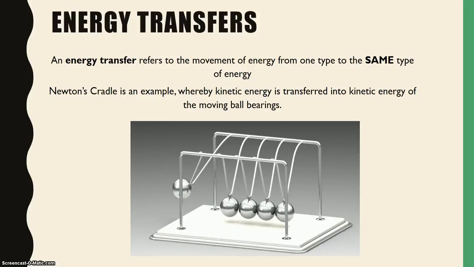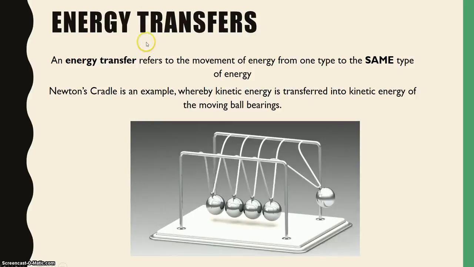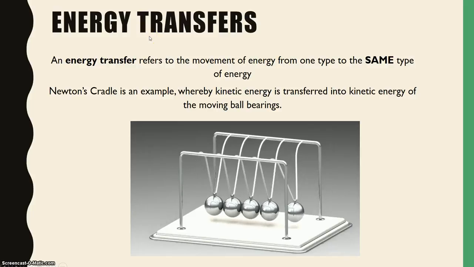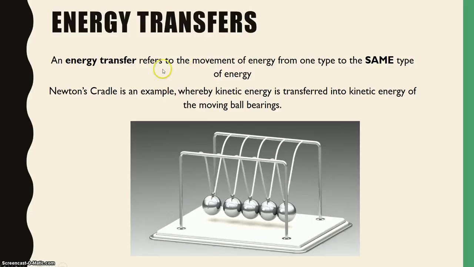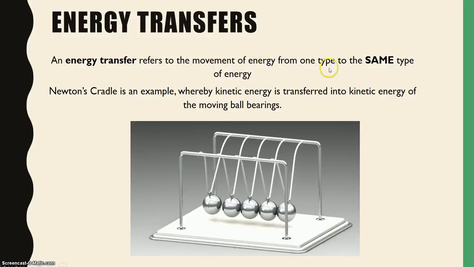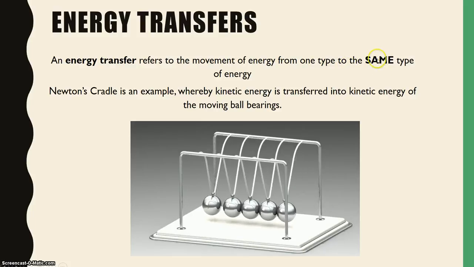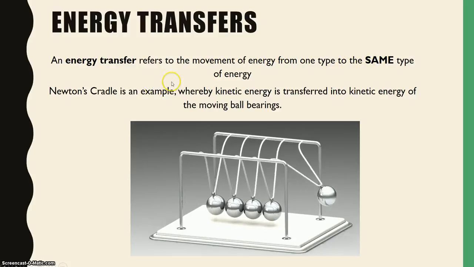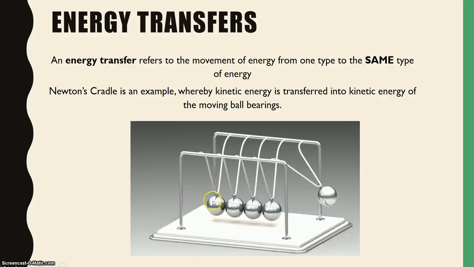So these next two slides, energy transfer and energy transformation, refer to two key terms that you need to have an understanding of. An energy transfer is when you have the movement of energy from one type of energy to the same type of energy. For example, this is a picture of Newton's cradle. The ball bearings are moving, so they must have kinetic energy.